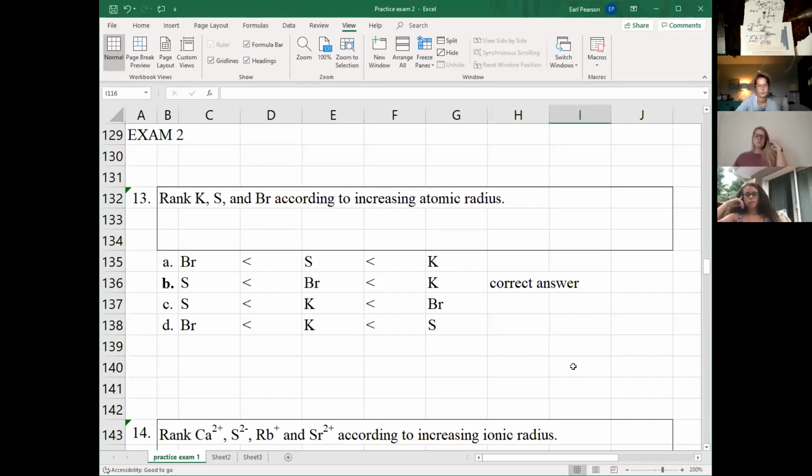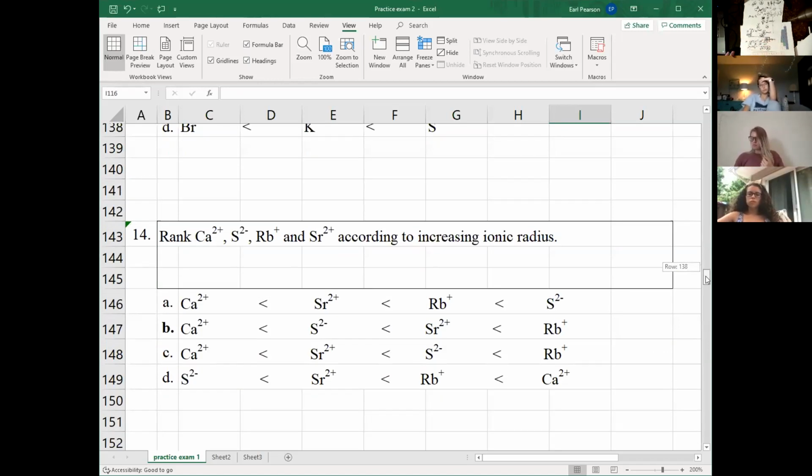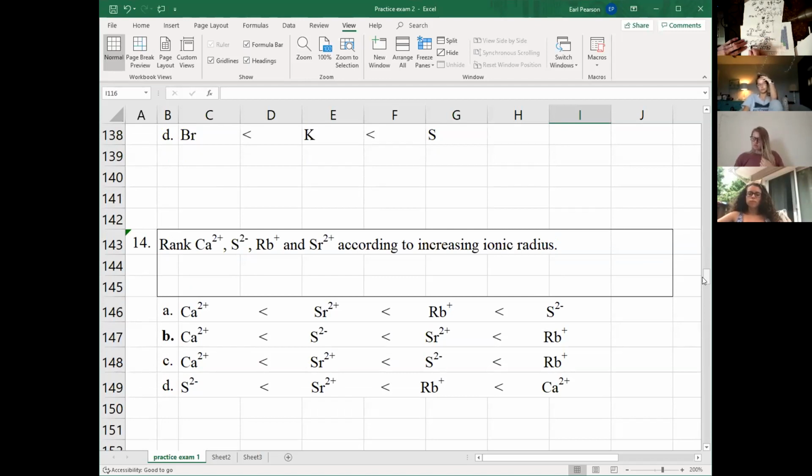Okay, so the smallest, oops, I need to go down one row so you can see it. The smallest we said was going to be calcium, and the largest we said was going to be rubidium.